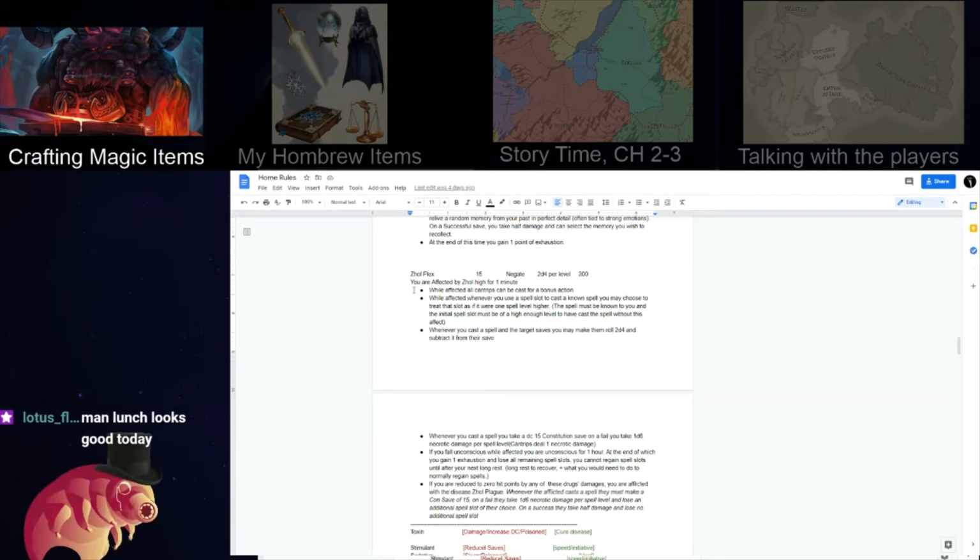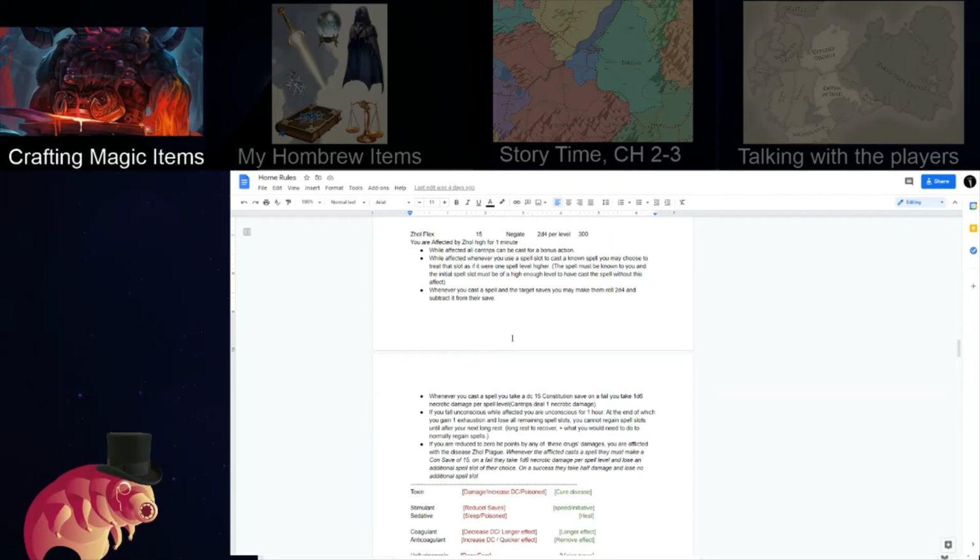Whenever you cast a spell and the target saves, you may make them roll 2d4 and subtract that from their save. Whenever you cast a spell, you take a DC 15 Constitution save. On a fail, you take 1d6 necrotic damage per spell level. Cantrips deal 1 necrotic damage. If you fall unconscious while affected by this high, you are unconscious for 1 hour, at the end of which you gain 1 exhaustion and lose all remaining spell slots.